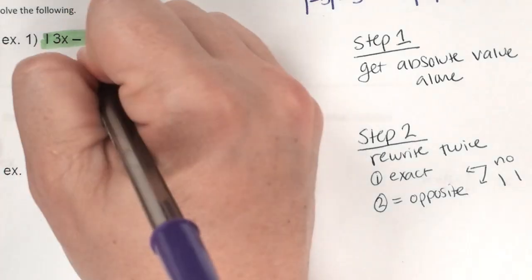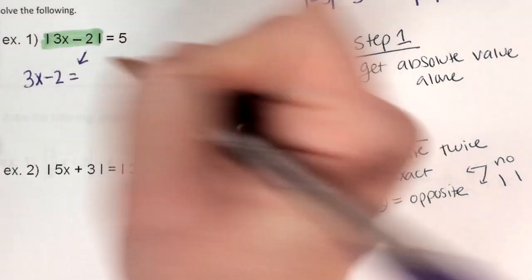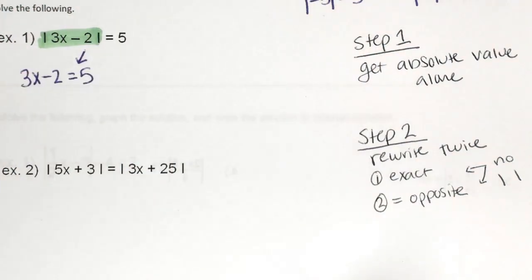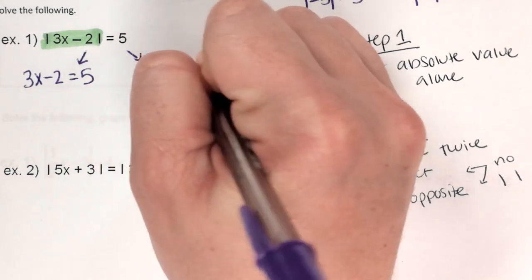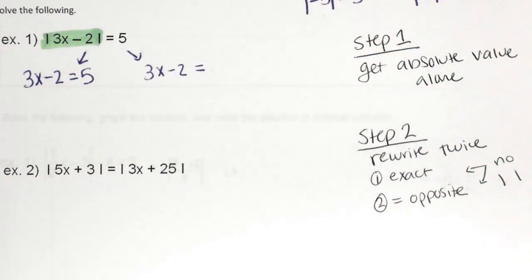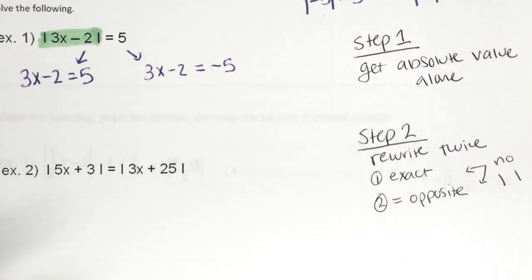If we look at number 1, we rewrite it once exact, 3x minus 2 equals 5. See how there's no absolute value bars, but I wrote it exactly the same? Then the second time I rewrite it, 3x minus 2 equals the opposite. What's the opposite of 5? -5. That's what I mean by step 2. We rewrite it twice without absolute value bars, once exact, once equal to the opposite. Everybody okay with that?